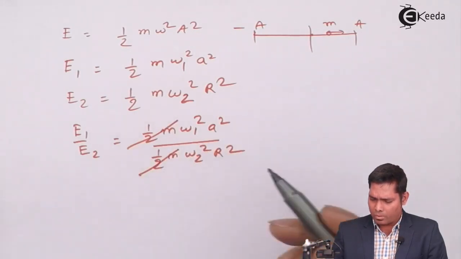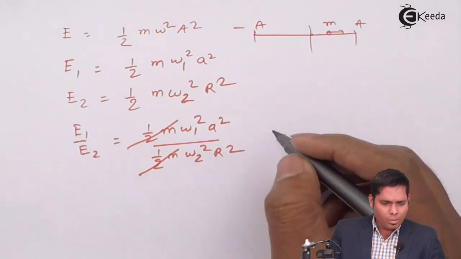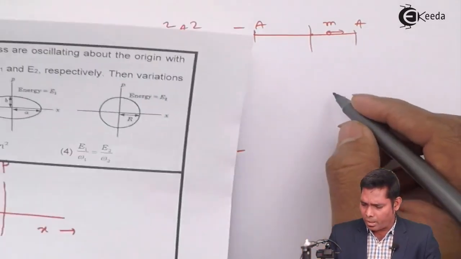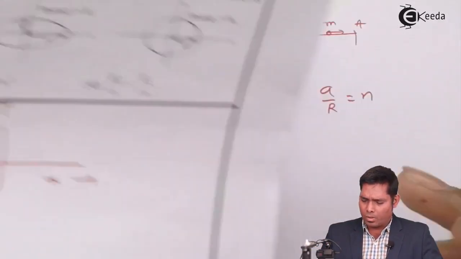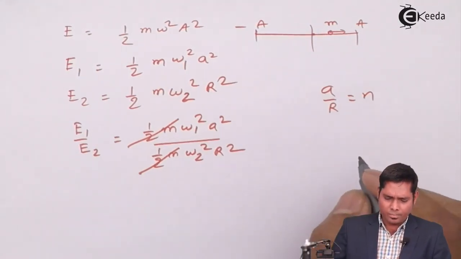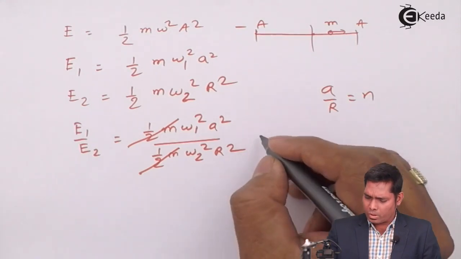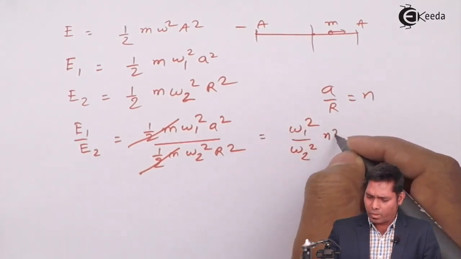This will cancel out. A square by r square, but we have a by r in the question given as n, so I'll write a by r as n, so it is omega 1 square by omega 2 square into n square.